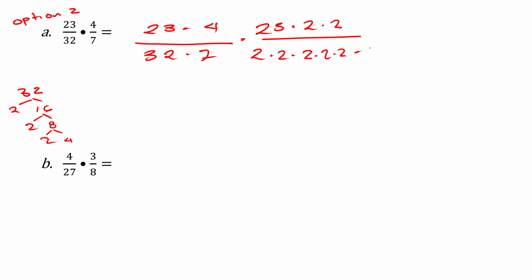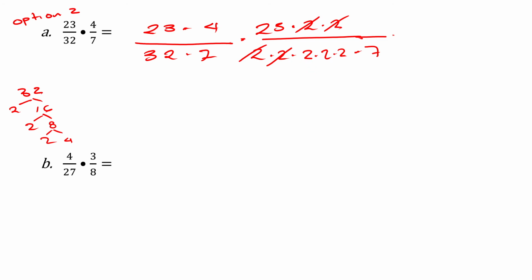And then 7 is 7, and then let's start crossing out the numbers. But these 2's are all on the denominator, so we cannot cross them out. One has to be on the top and one has to be on the bottom. All of them are in the bottom, so we can't do anything. My bad on that.